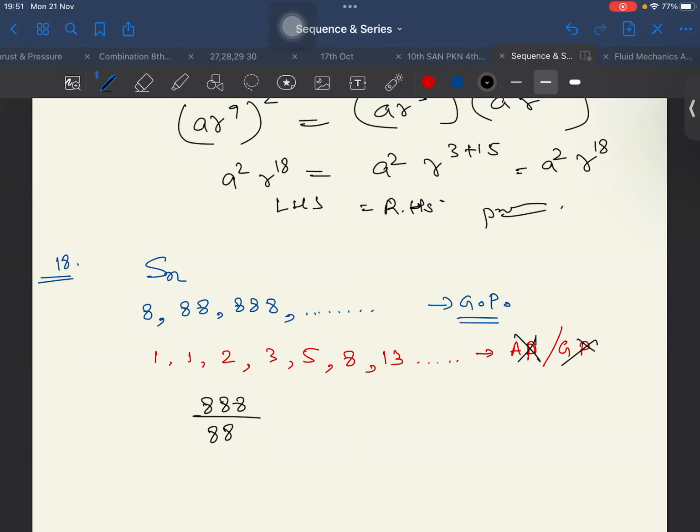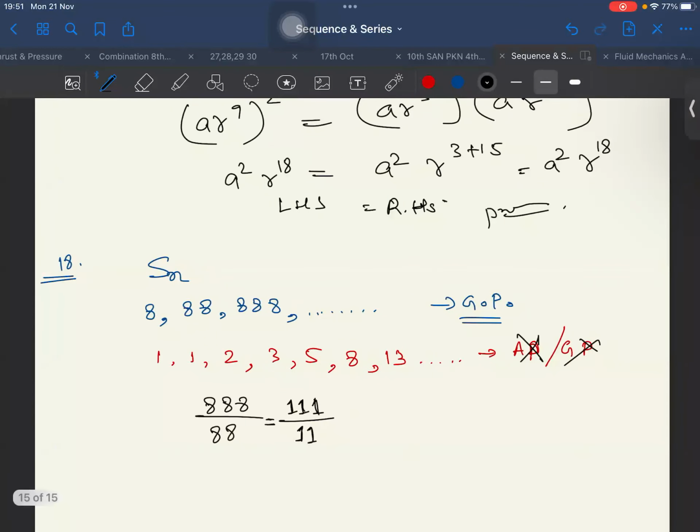Fraction. You tell me in fraction. One divided by 11, right? That's what you will get, no? Yes or no? Tell me. 1 upon 11. Is this correct?